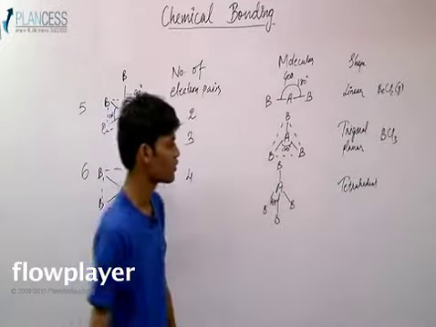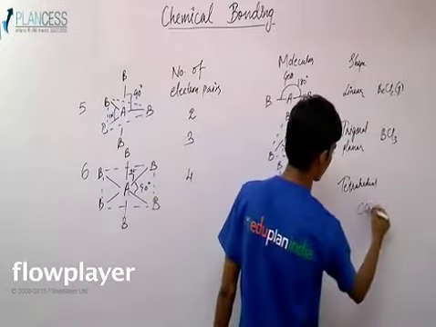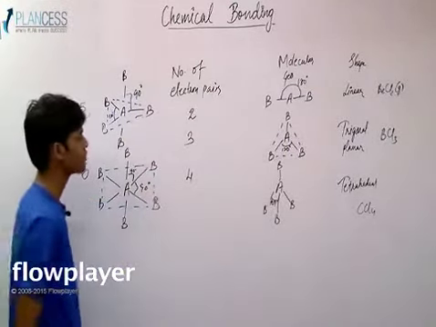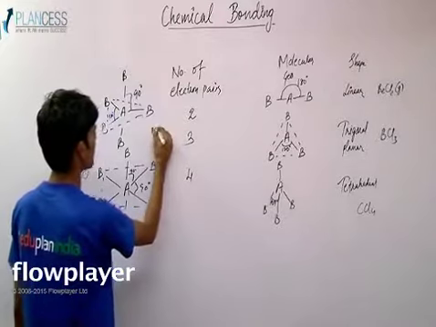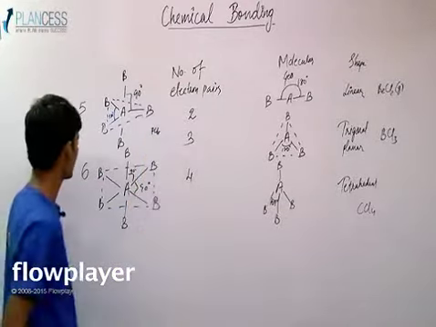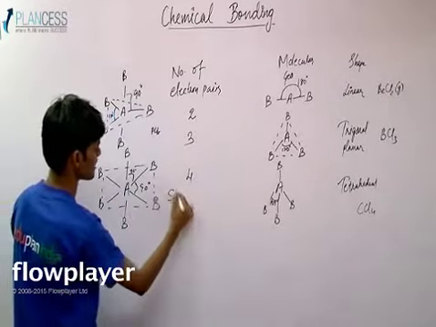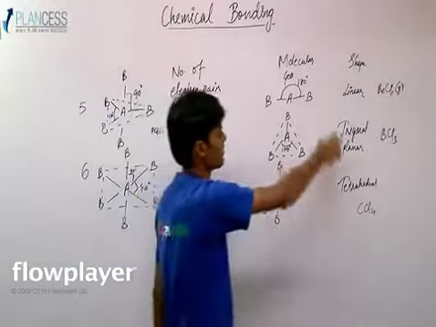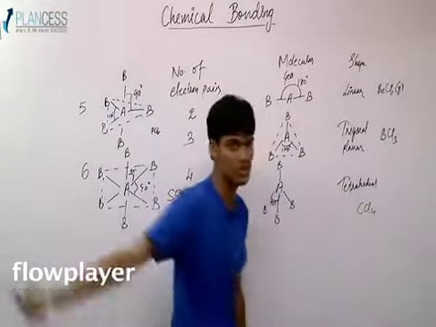For AB4, you can have CCl4, which has the tetrahedral geometry. For AB5, I have shown you PCl5. And for the 6, there is SF6. So these are the shapes, these are the geometries, these are some examples which have this geometry.